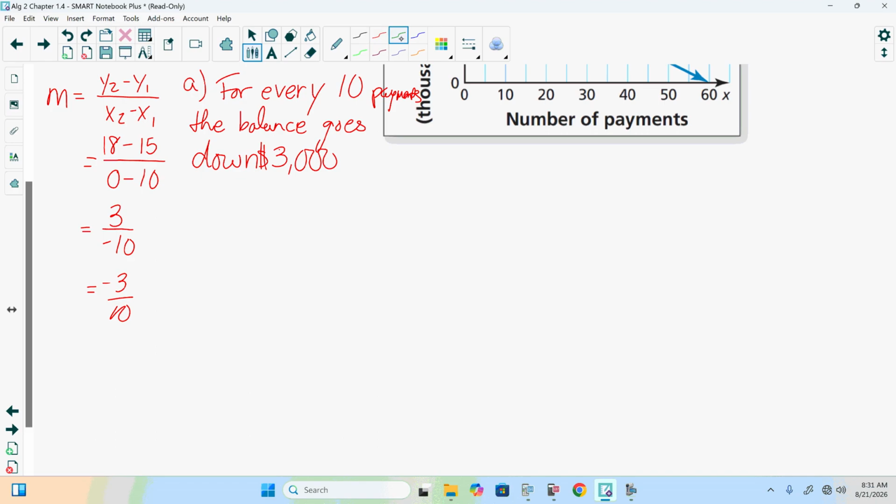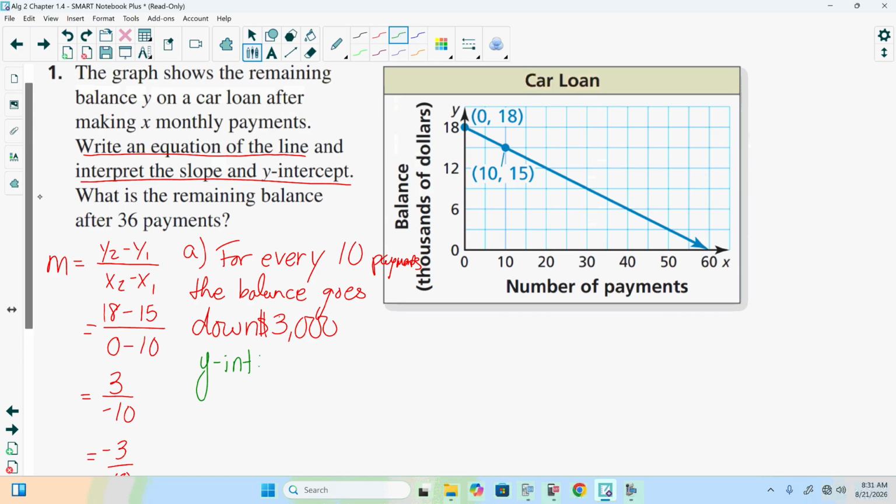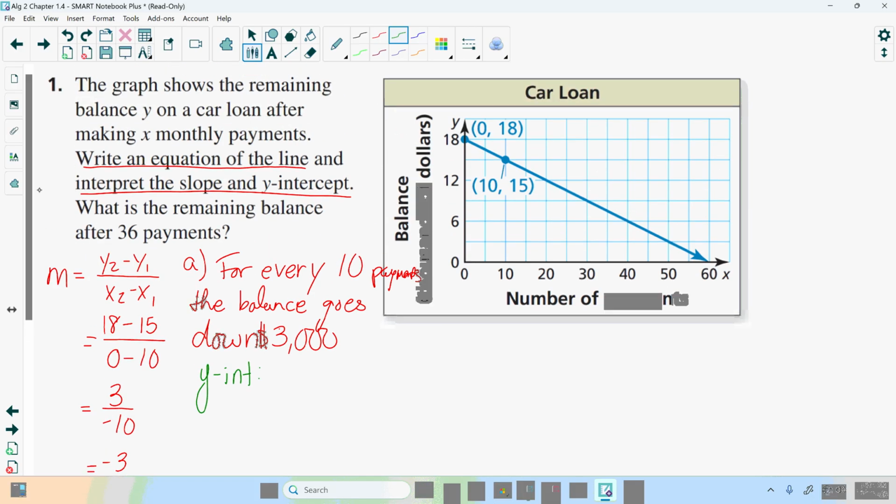Now, it also wanted us to describe the y-intercept, yes? Well, our y-intercept is the point (0, 18). X is our number of payments, yes? So if the number of payments is 0, that means 18, or 18,000, has to be what?